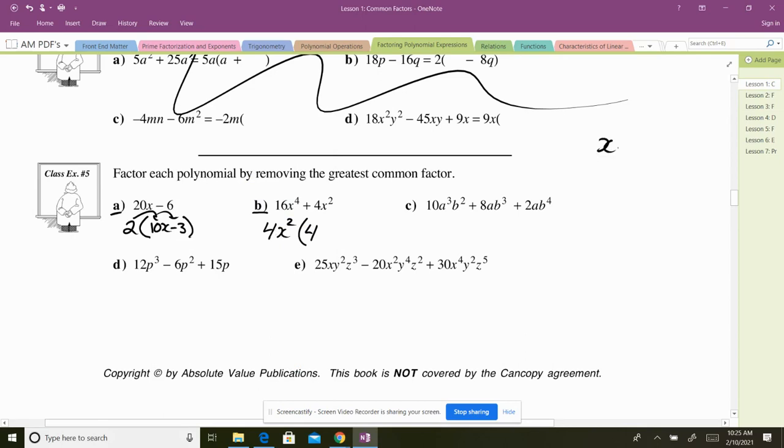I wrote this. x to the 4 over x squared. What does that equal? x squared. Plus, what's 4 divided by 4? Okay. What's x squared divided by x squared? 1, right? So it's just 1. No, x squared over x squared would be x to the 0, but that's just 1, right? That's why it's a 1 there.